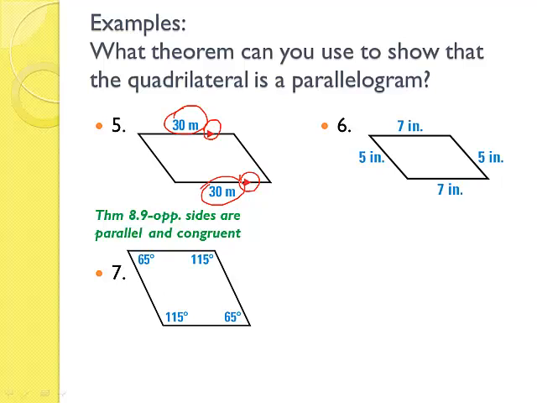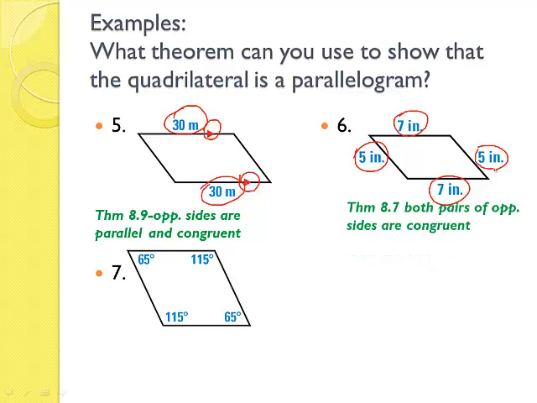What about number 6? Well, in this case, what I see is that I have two pairs of opposite sides that are congruent. So if I have two pairs of opposite sides that are congruent, is that a theorem that we have that proves the quadrilateral is a parallelogram? Absolutely.